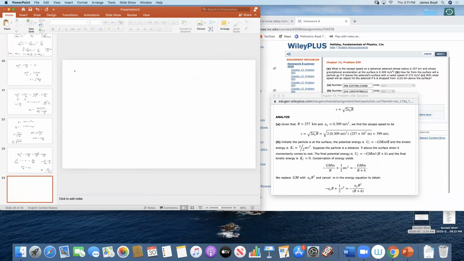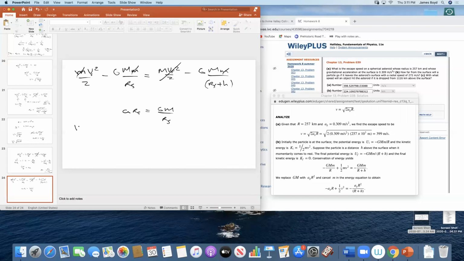Let's do this again. Mv squared over 2 minus GMm over r the surface is equal to m v final squared over 2, this is v on the surface, minus GMm over r the surface plus h. So h is how far above the surface it gets. At the highest point, v final is 0. So again, we can divide through by m's, all the m's cancel, and we can divide through by a, r the surface is equal to GM over r the surface.